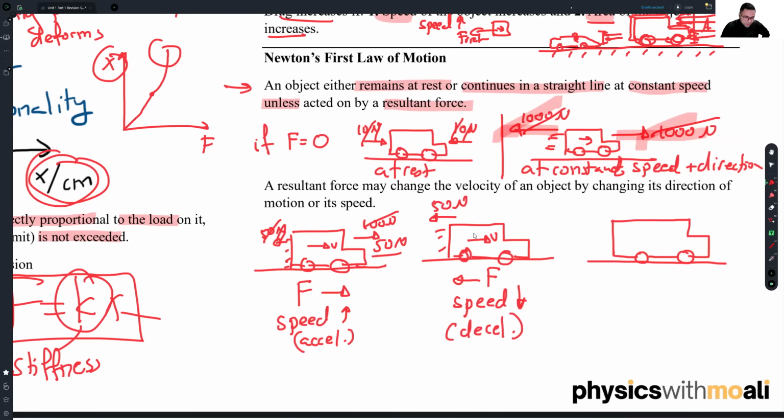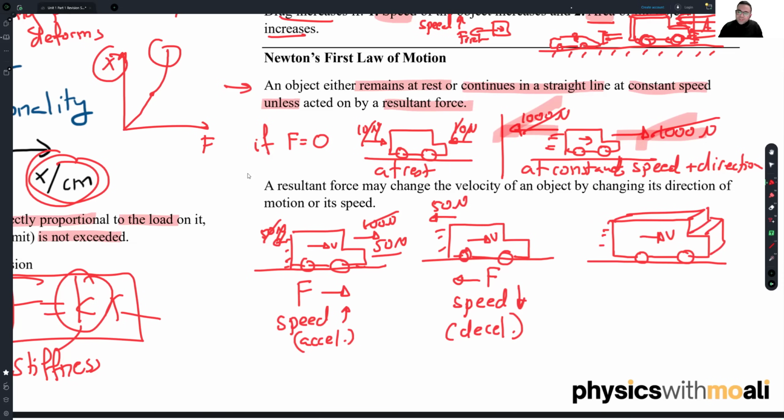Again, this is the part that confuses some people. Just because the force is backwards doesn't mean I have to move back. No. If I'm moving forward and the force is backwards, like air resistance or something, I slow down. But if I'm moving to the right, this car got really chunky all of a sudden, and then you don't apply a forward or a backward force.